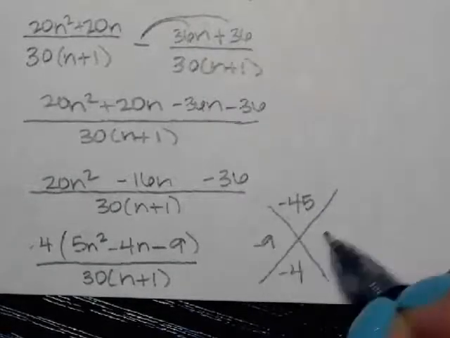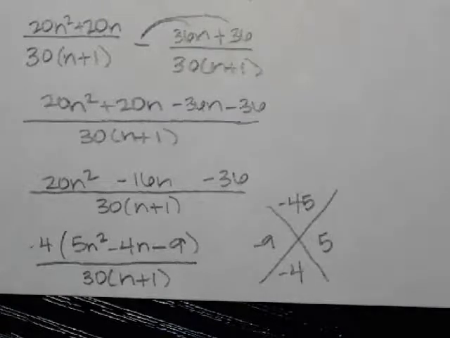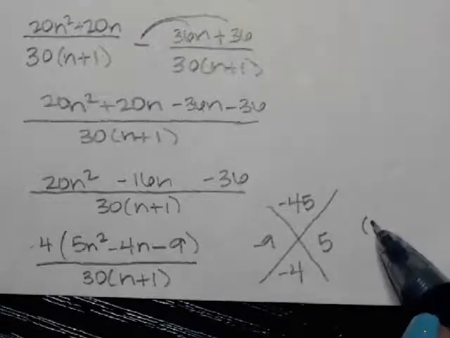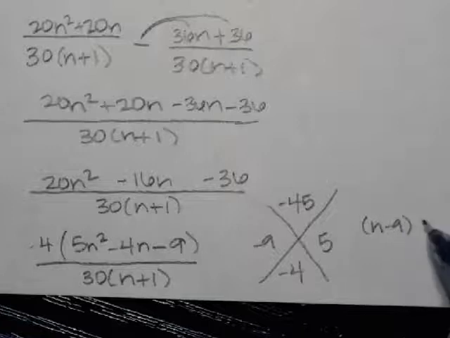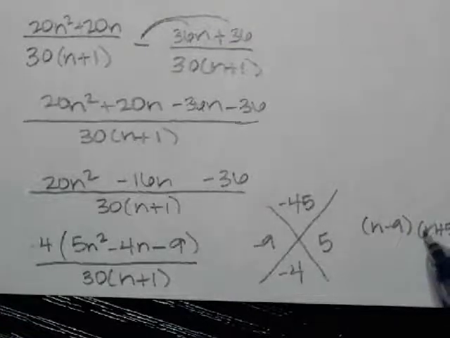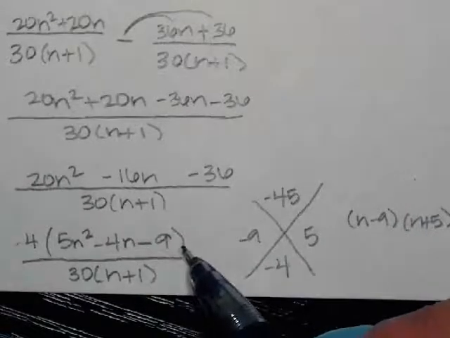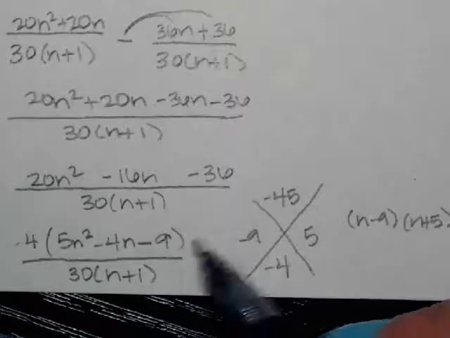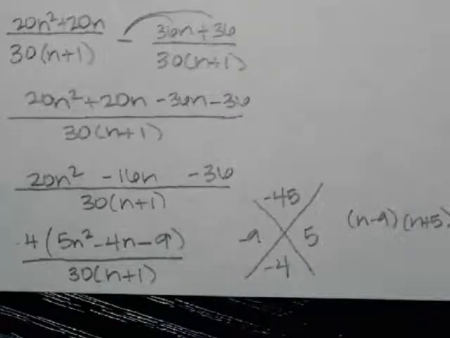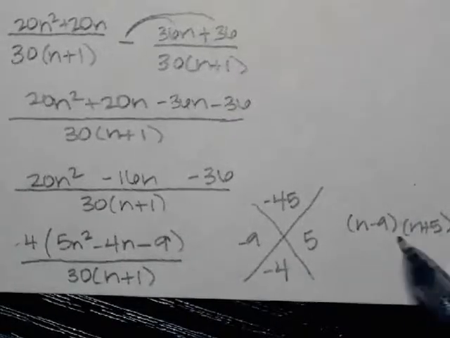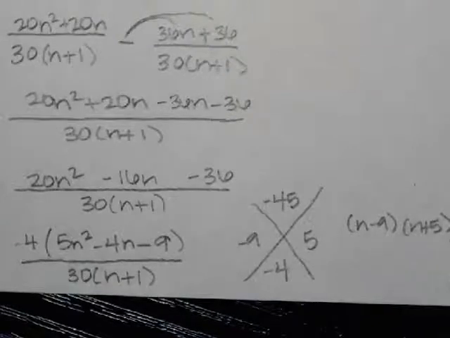So we have n minus 9, n plus 5. So what I'm doing right now is I'm just factoring the top. So am I done factoring the top? Divide by 5. So the number that we slid is the number we divide by.